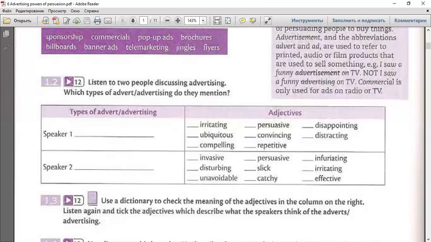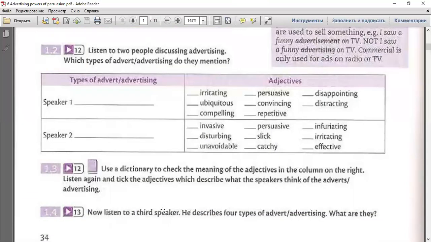Distracting and repetitive, okay? And what about speaker 2? Okay, yes, speaker 2, that's invasive, infuriating, and irritating. Okay, that's right. So let's listen to a third speaker.